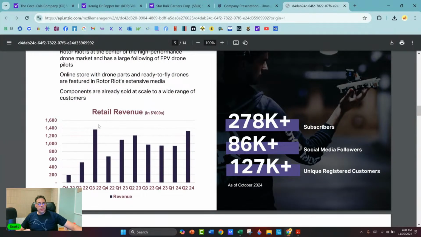Retail revenue. So they did have some revenue, 1.6 million, or 1.4 million.